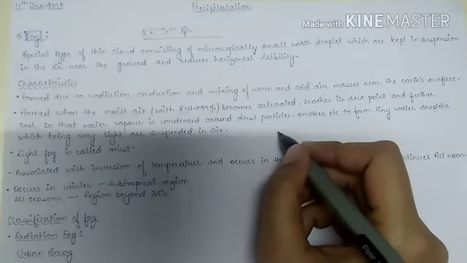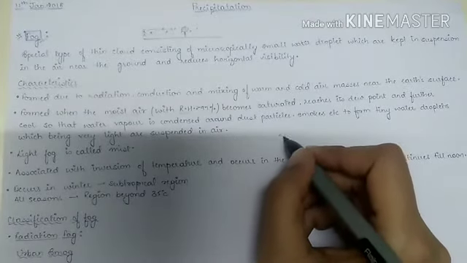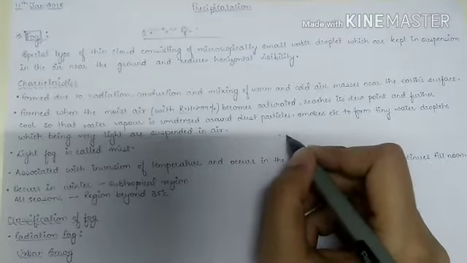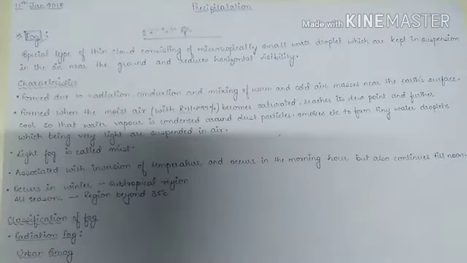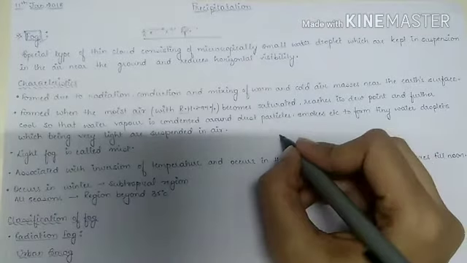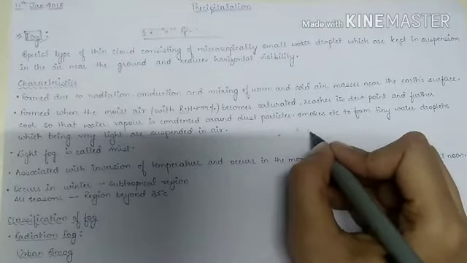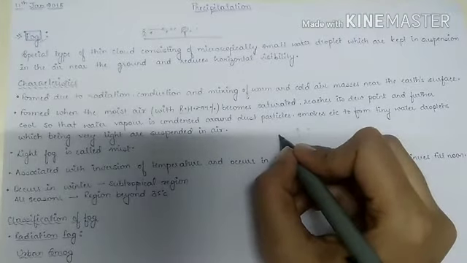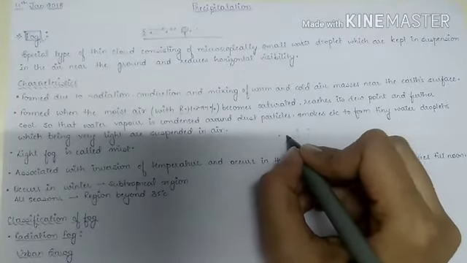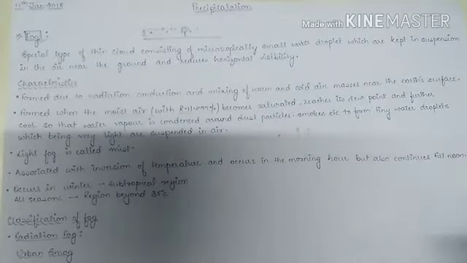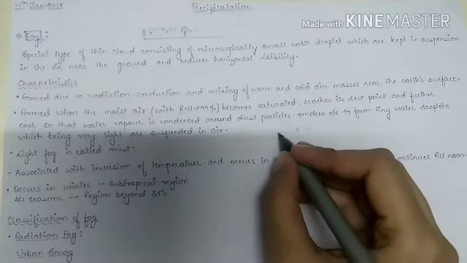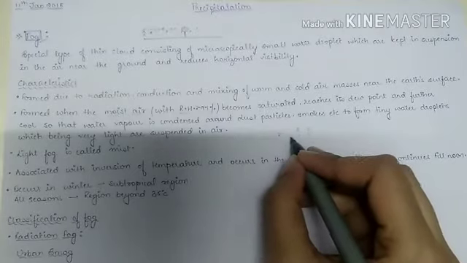So these dust particles like smoke and all, they are known as hygroscopic nuclei, and they form tiny droplets. See, if there is a bigger droplet, it will fall down. They form such tiny droplets that are suspended in air, being very light.